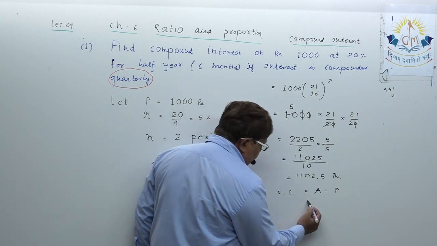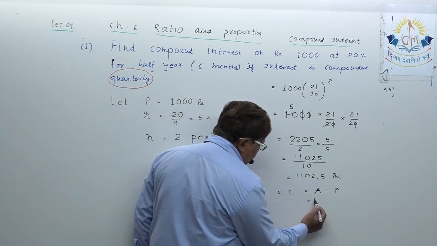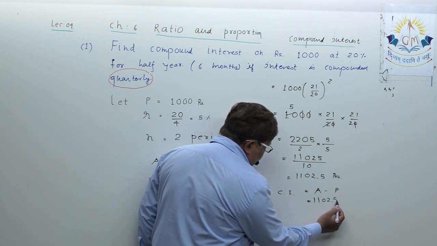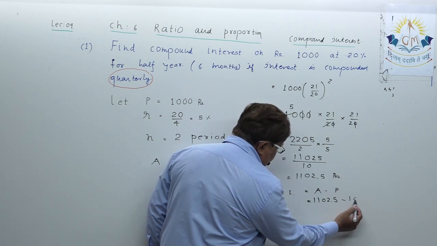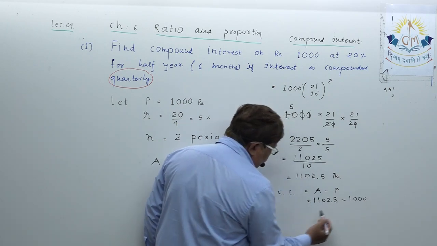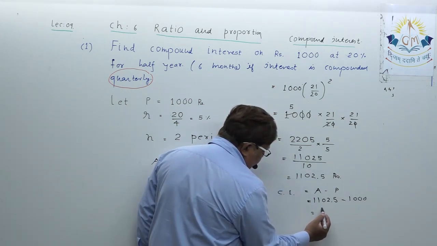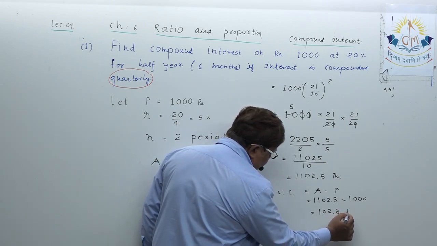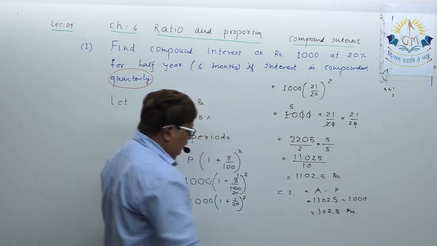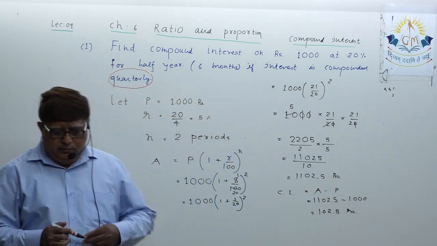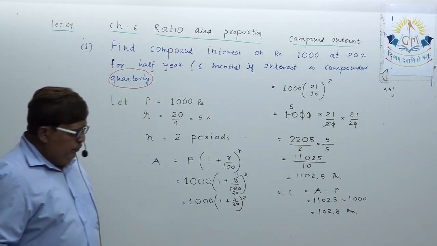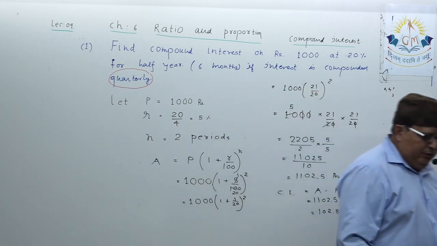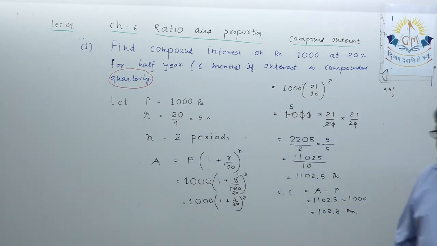Write the amount first. 1102.5 minus principal 1000. This turns out to be 102.5 rupees. Okay, just look at the sum before we practice one more example of the same type.